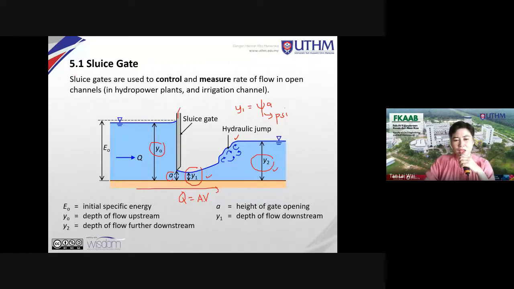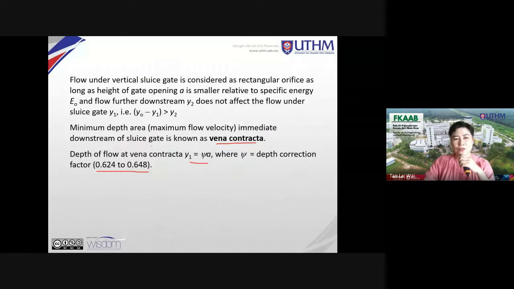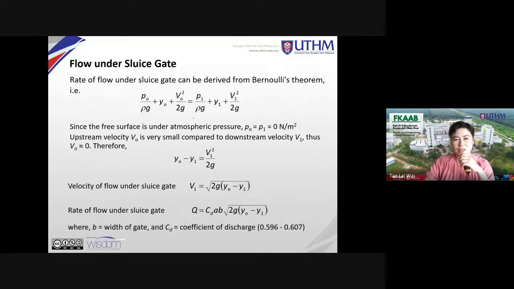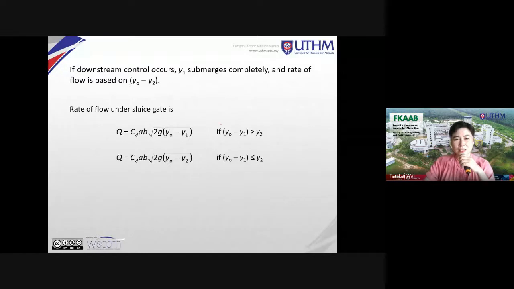If your A is smallest, your V will be highest, to achieve continuity. So the minimum depth, or maximum flow velocity, immediately downstream of the sluice gate is known as vena contracta. We'll look at this in the equation later.